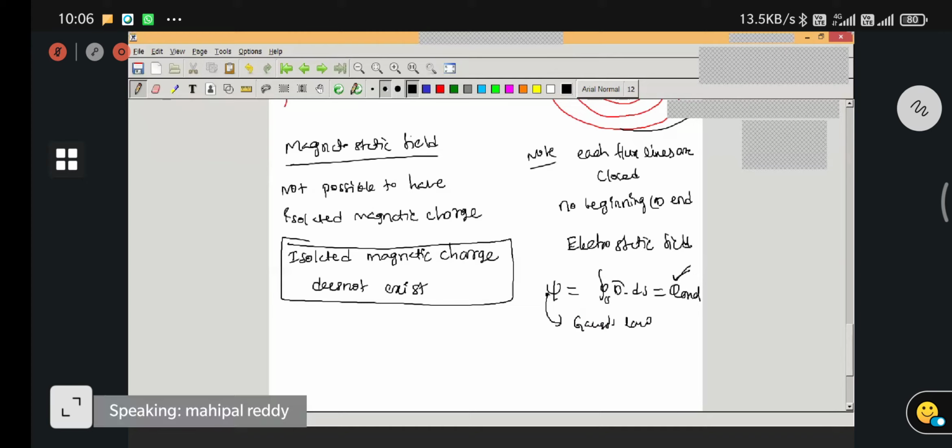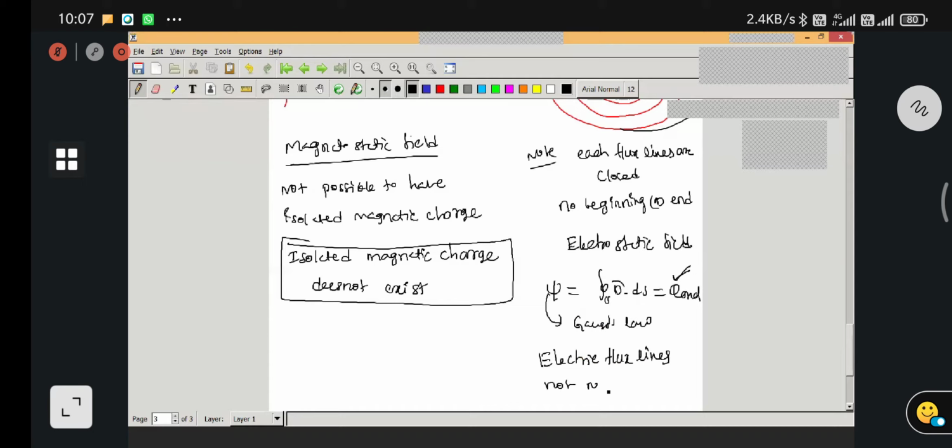That's why I am writing that electric flux lines are not necessarily closed, because there is a source and a sink. This is the isolated charge Q.